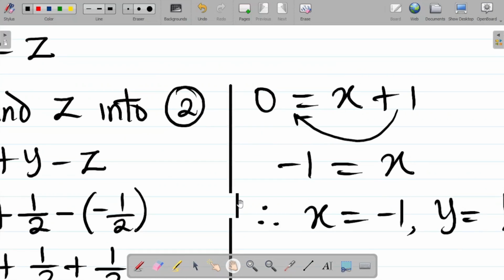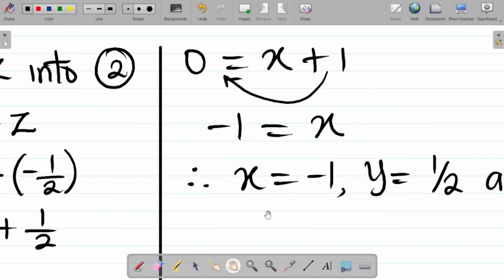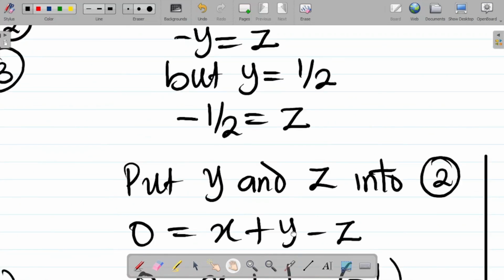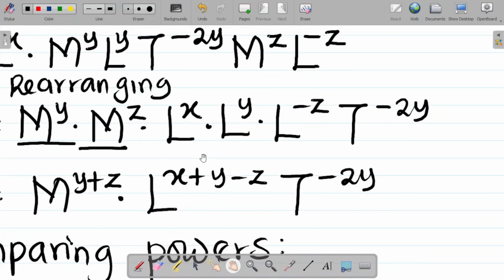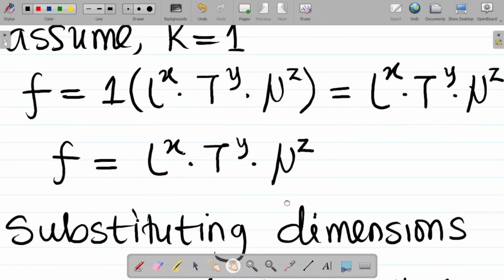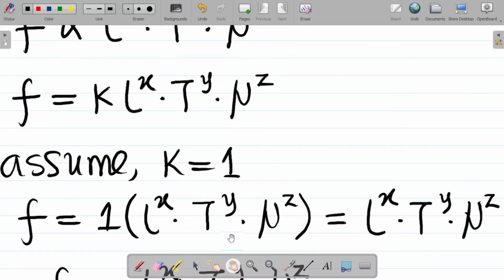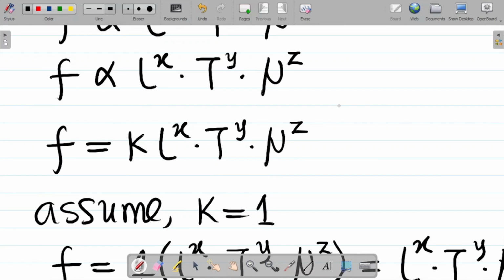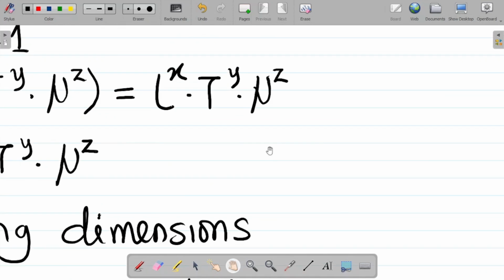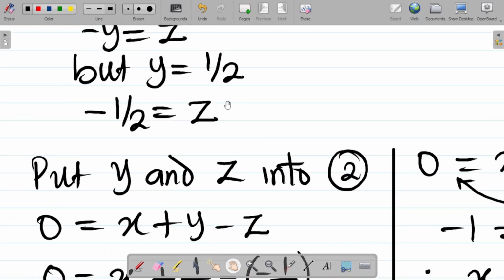Alright, so we have this. So we've gotten the value of x, y, and z. What do we do next? We'll substitute this value of x, y, and z into this particular equation here. Let's look at this equation here. Let's call this equation asterisk. So substituting into equation asterisk, let's substitute those values.